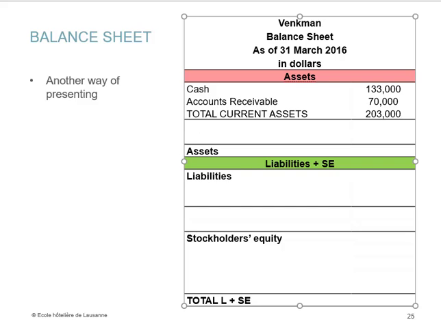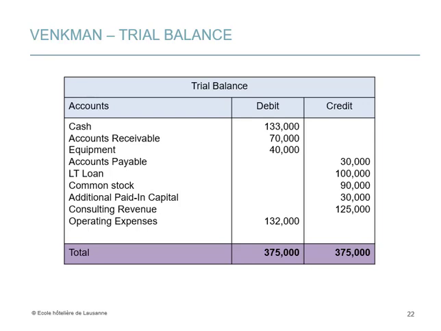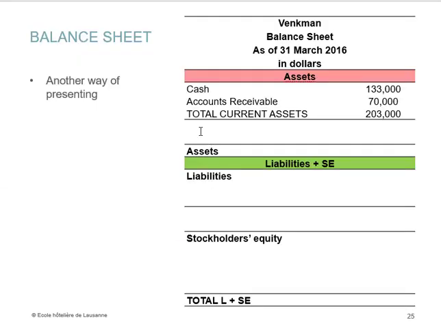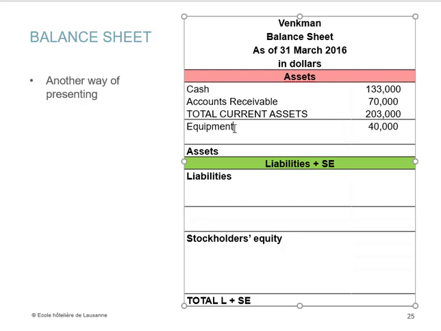Afterwards, we will be dealing with the non-current assets. For non-current assets, we only have equipment. And here we're putting equipment for the amount of 40,000, and it's all our total non-current assets, 40,000.